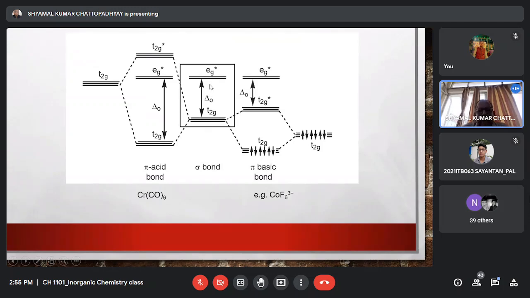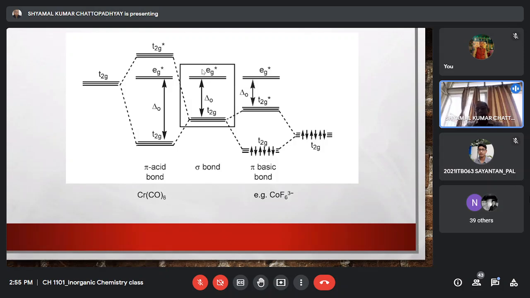So in the absence of ligand pi interaction, when you have only sigma bonding from the ligand, here you have a non-bonding T2g orbital and an anti-bonding Eg star orbital, and this energy gap is delta O. Now we consider that the ligand is participating in pi bonding also.